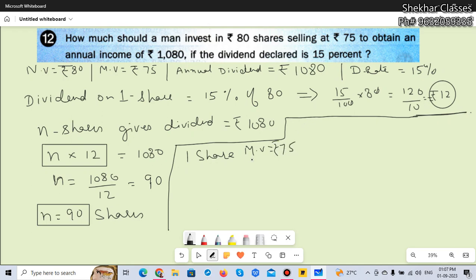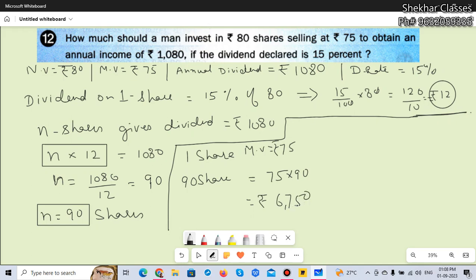Okay. So how many shares has he bought? 90. So 90 shares will cost how much? 75 into 90. If you multiply 75 into 90, how much do you get? 6750. So he has got rupees 6750.